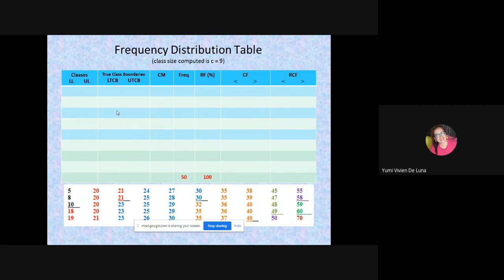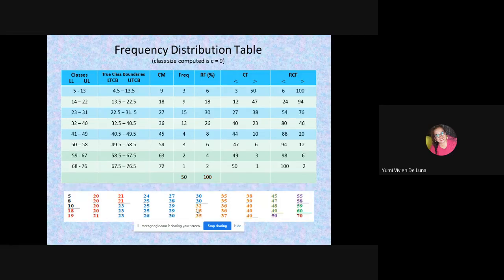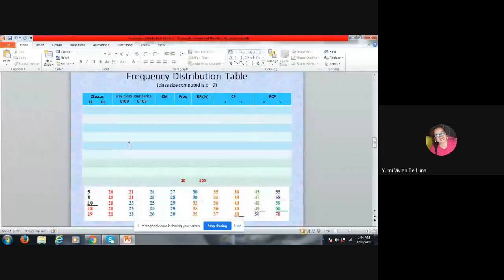Okay, so how do we start? So andito na yung mga data natin sa baba. Pinakita na natin para may guide tayo in constructing the FDT. Okay, so to start, since alam na natin na ang class size natin is 9, dito tayo sa first column muna sa classes. Notice na meron kayong LL at UL na column under classes. LL stands for lower limit and UL is for upper limit.